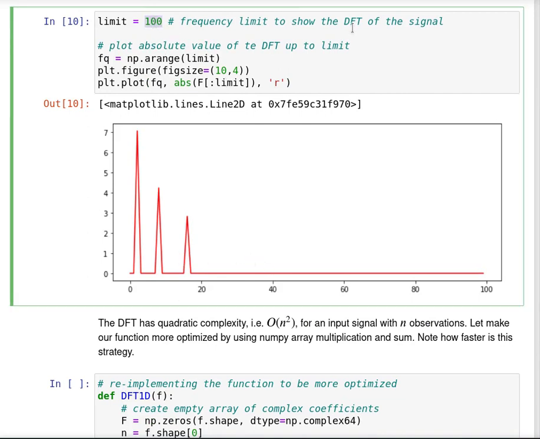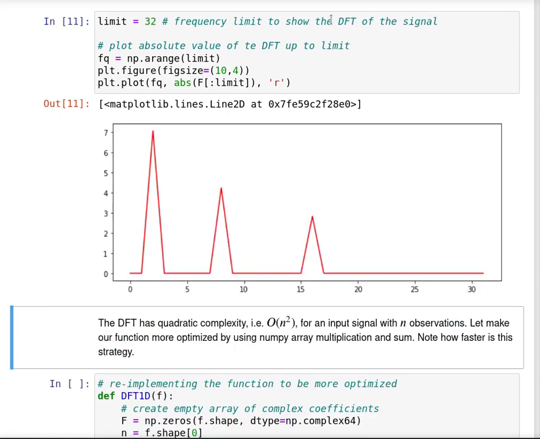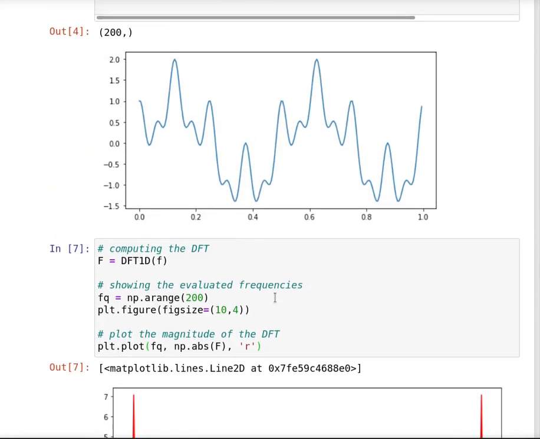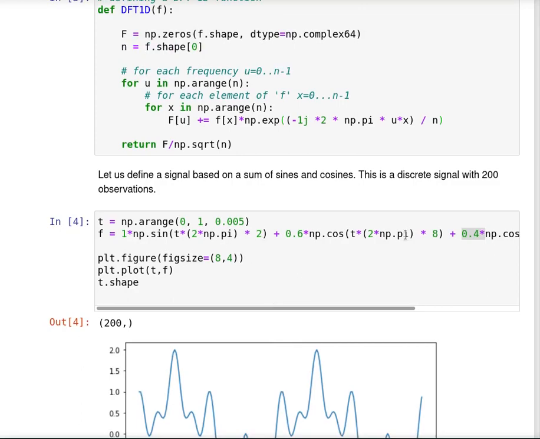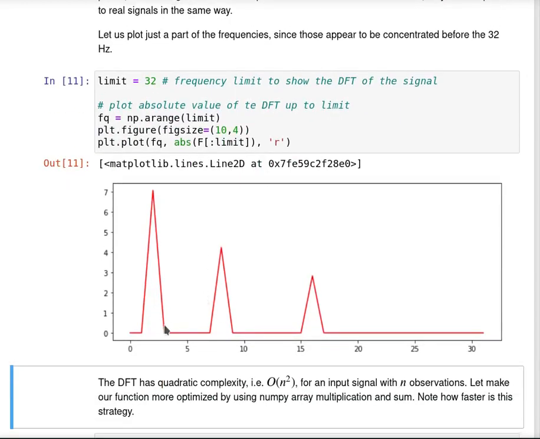But I'm showing you the first ones just to show that the actual peaks are matching the frequencies that we used to compose the function, which are 2, 8, and 16. So basically I have a peak here at 2, a higher peak, and then 8, and then 16.